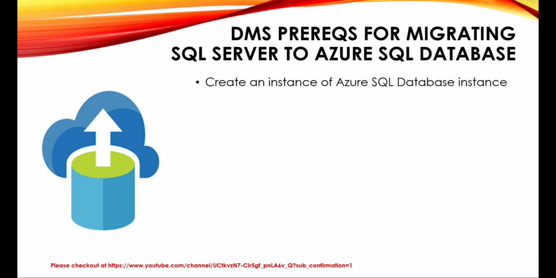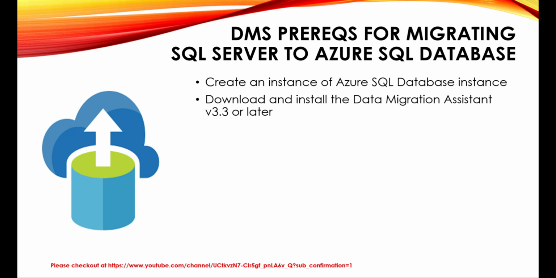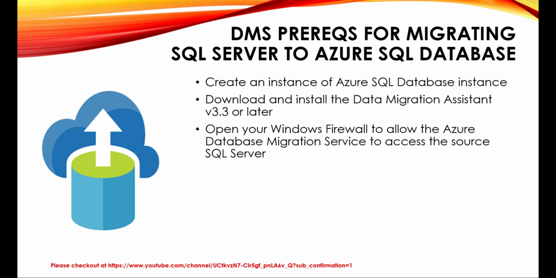For that, we need to create an instance of Azure SQL Database. Then you need to download and install Data Migration Assistant version 3.3 or later. Open your Windows Firewall to allow the Azure Database Migration Service to access the source SQL Server, which is by default TCP port 1433.